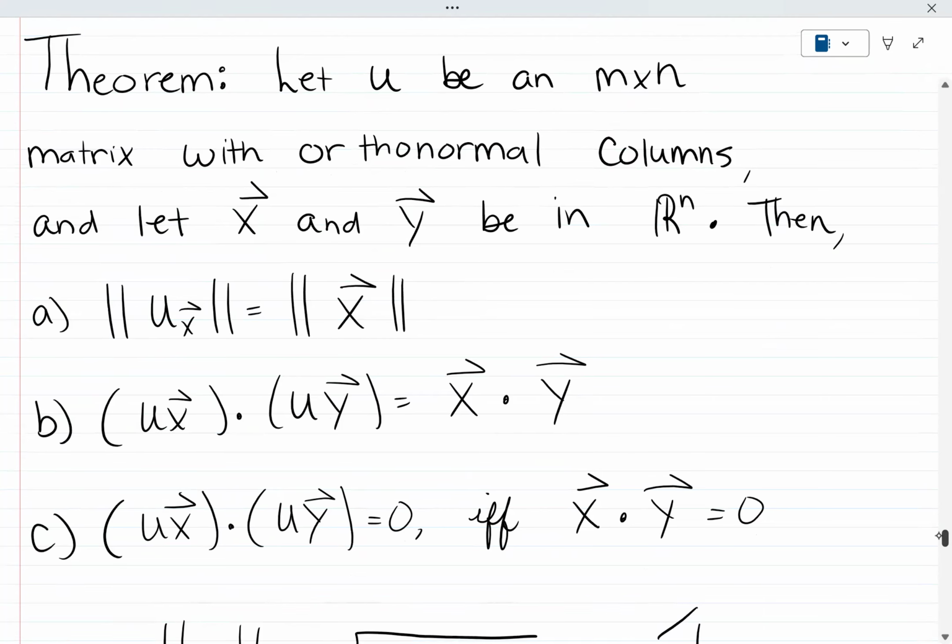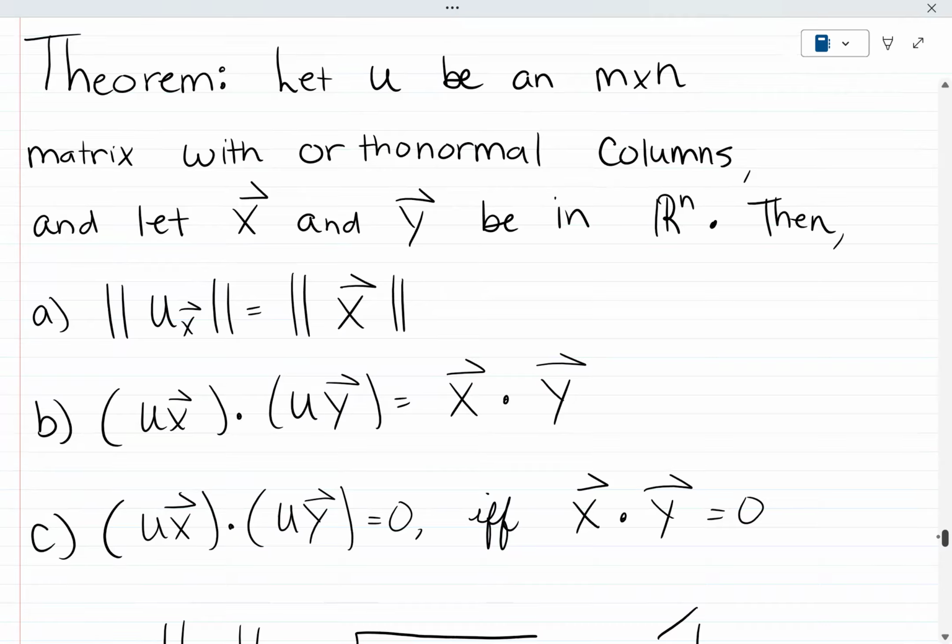Condition A, the magnitude of U times vector x is equal to the magnitude of vector x. Part B, U times vector x dot U times vector y is equal to vector x dot vector y.